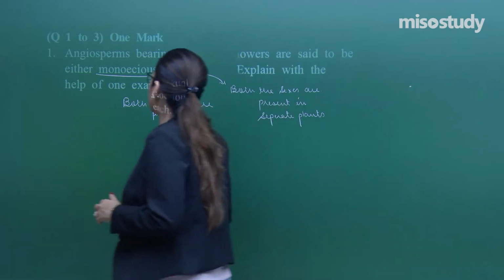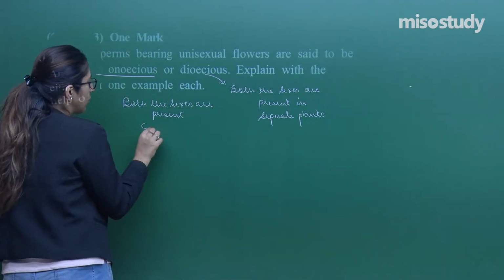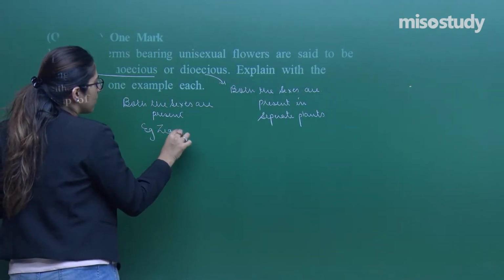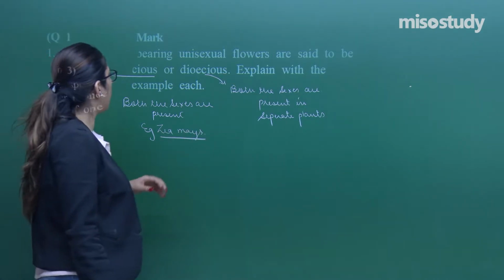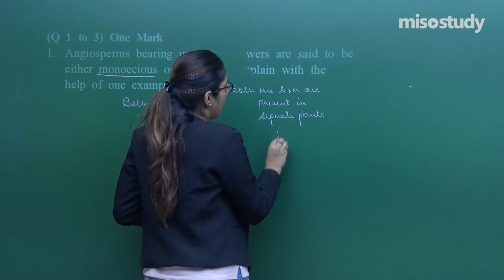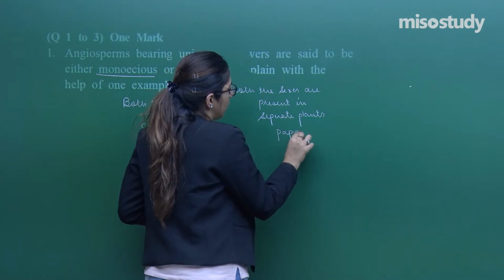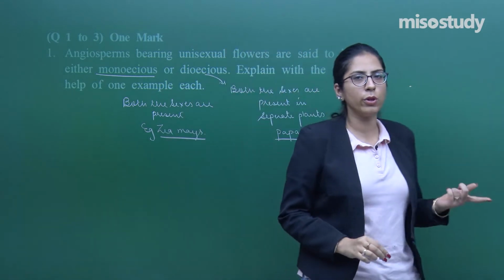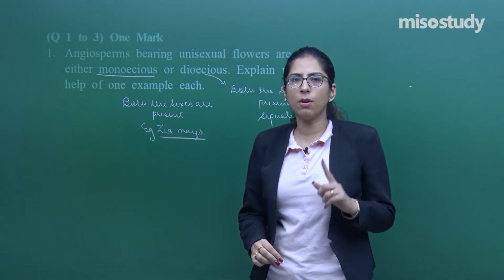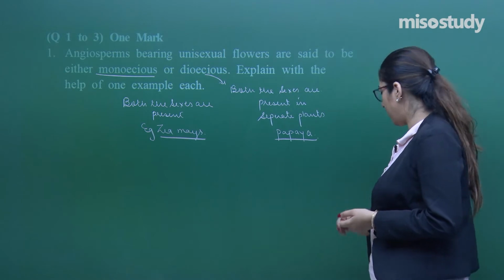Now, they are asking for one example as well. In monoecious, you can take an example of maize, and in dioecious, you can take an example of papaya. So this was question number 1. This is of 1 mark and this is how you have to answer.